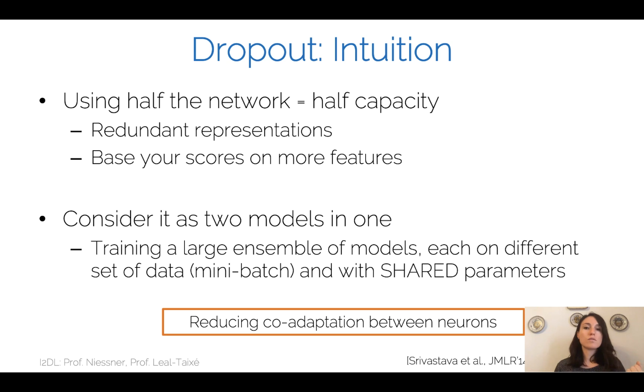Now, if those two neurons drop out, the neural network has to somehow arrange itself to learn to detect eyes again. So essentially what you do with dropout is you reduce co-adaptation. So you reduce this act of neurons depending on other neurons to do their job because the other neurons have already been trained, for example, to detect eyes or to detect ears. And this is very, very important for good generalization of your neural network.